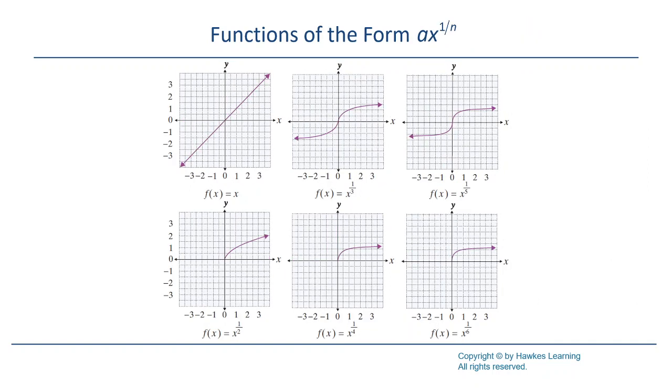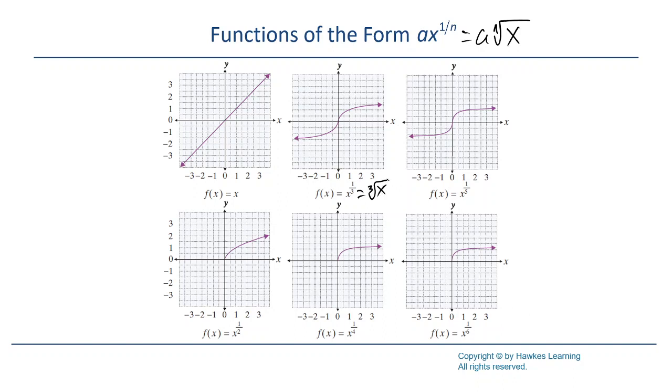Now, if you have 1 over n, or the nth root of x, there's some kind of interesting stuff that happens. Because you notice basically what's happening is you're getting, this is the cube root function.